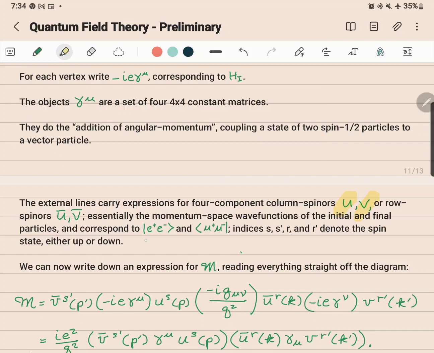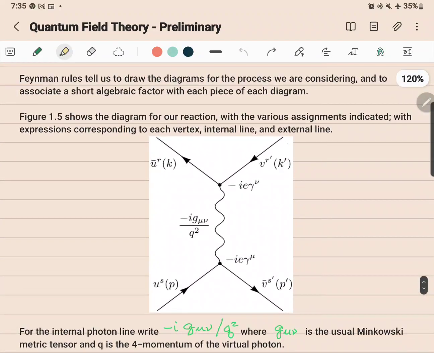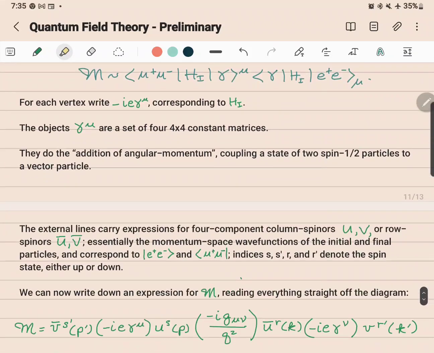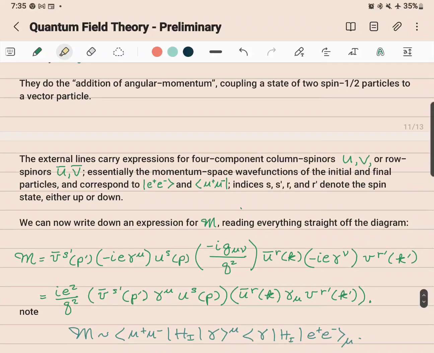So the e plus is represented by V, and the e minus is represented by U. Also, the incoming particle is represented by U, and the incoming antiparticle is represented by V bar. So sorry for the confusion.